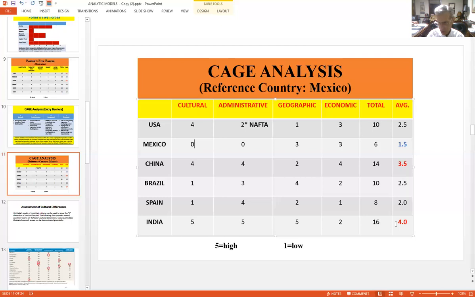Economic barriers apparently not quite as high. I would think that they also would be pretty high. And so the barriers to entry in India in the construction industry or building components industry are pretty high. On the other hand, you have a fairly similar case with China.